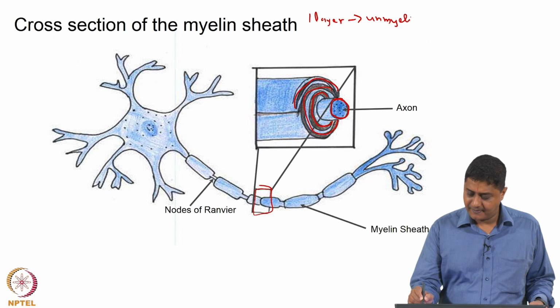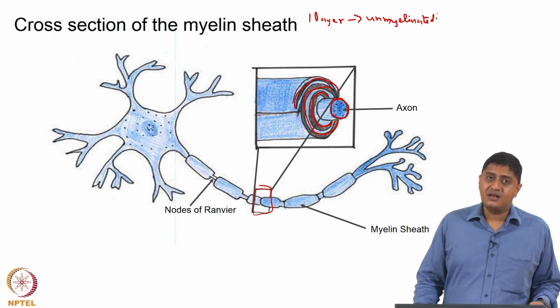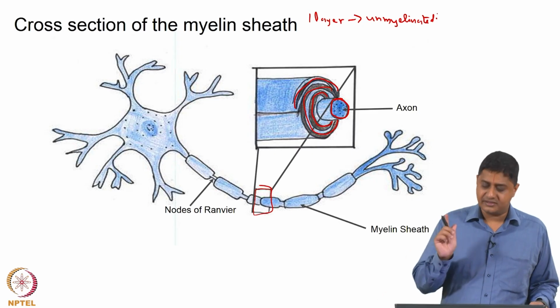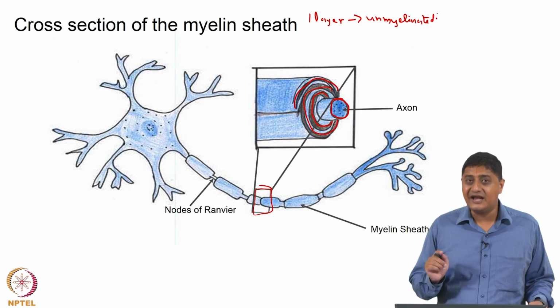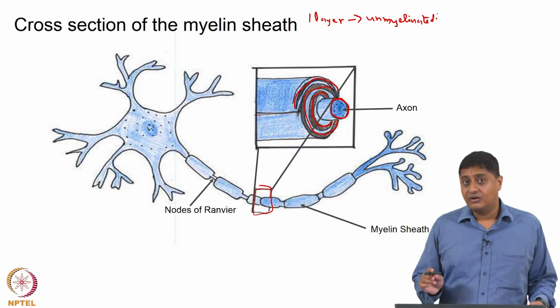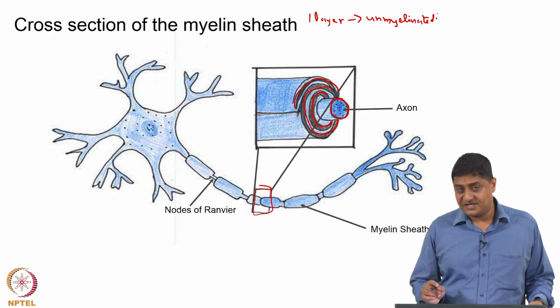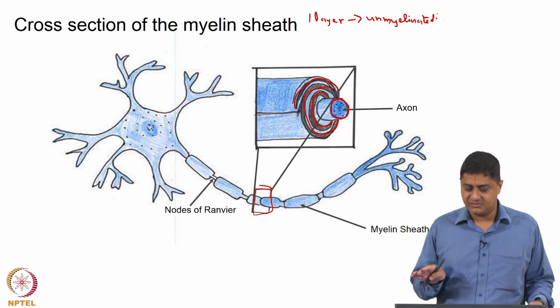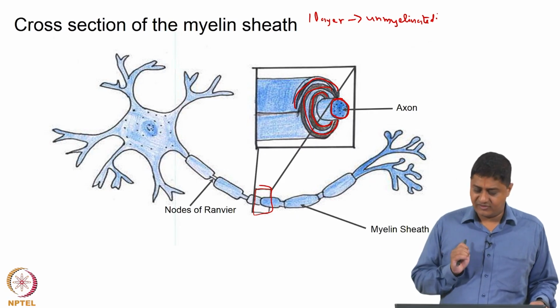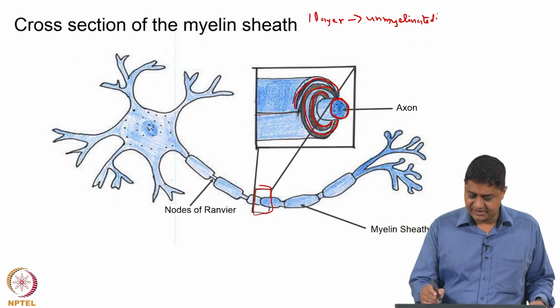Important to remember: almost all axons are myelinated to at least one layer. So, if there is only one layer of myelination, that is called an unmyelinated axon. By definition, whenever we say unmyelinated axon, it does not mean that there are 0 layers or that there is no myelination. When there is only one layer of myelination, it is called an unmyelinated axon.